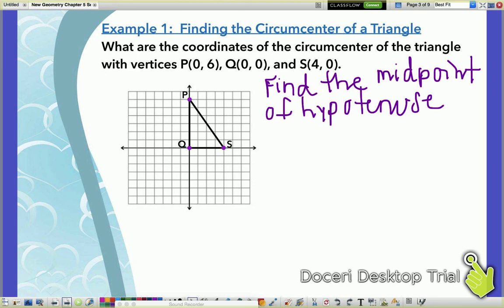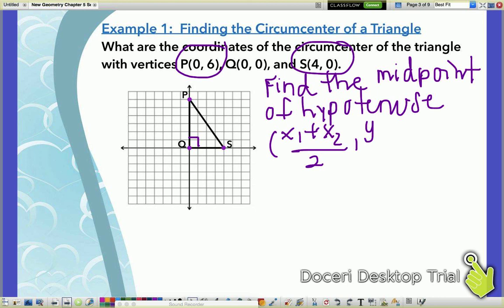So what side is my hypotenuse? Well, it would be across from our right angle, and that would be PS. So we're going to use P and S. Remember the midpoint formula: x1 plus x2 over 2, comma, y1 plus y2 over 2.